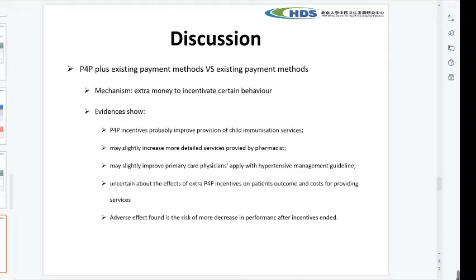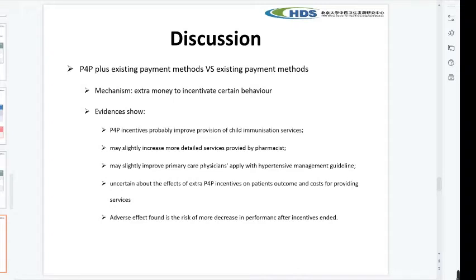The evidence shows that P4P probably improves provision of children immunization services, may slightly increase more detailed services provided by pharmacists, and may slightly improve primary care physicians' adherence to the hypertension management guideline, but we cannot get certain evidence about the effect of P4P on patient outcomes.